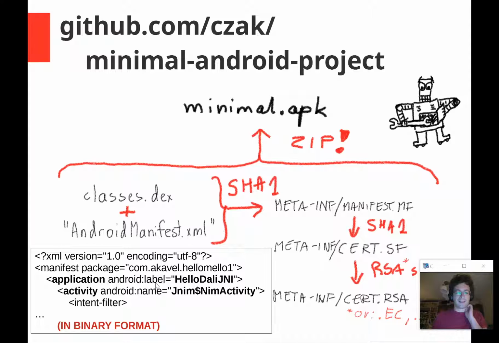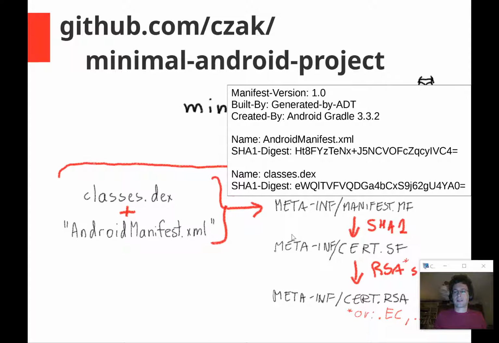You usually write it as an XML, so you put some meta information there, like the name of the project and the main activity class. And then you translate it to a binary format. They still give it the extension XML, just to confuse us. And then there are files which originate from the jar format, and those are basically a hash of all the contents of the jar or APK, plus some signature for signed APKs.